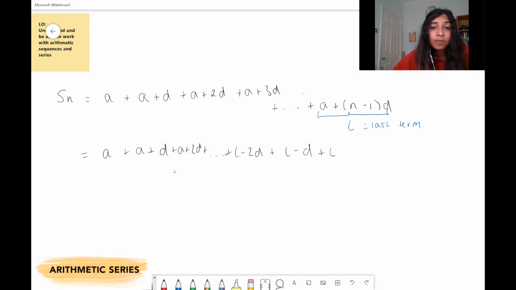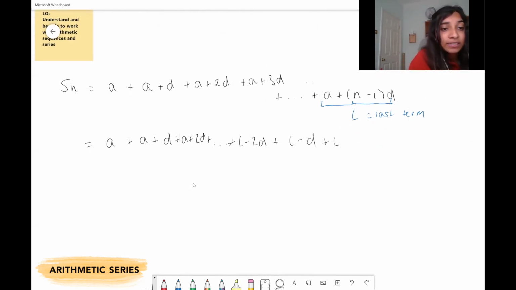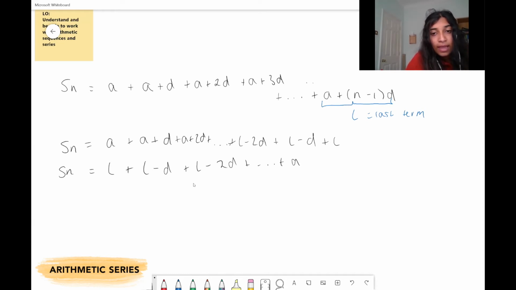So this is also equal to Sn. And if we were to rewrite this equation in reverse, we would have L plus (L minus d) plus (L minus 2d), and so on, plus (a plus 2d) plus (a plus d) plus a. And then if we sum these two Sn's together, we would have 2Sn.